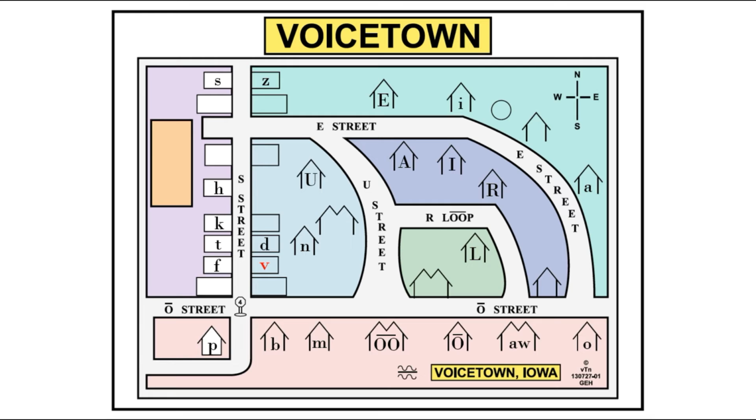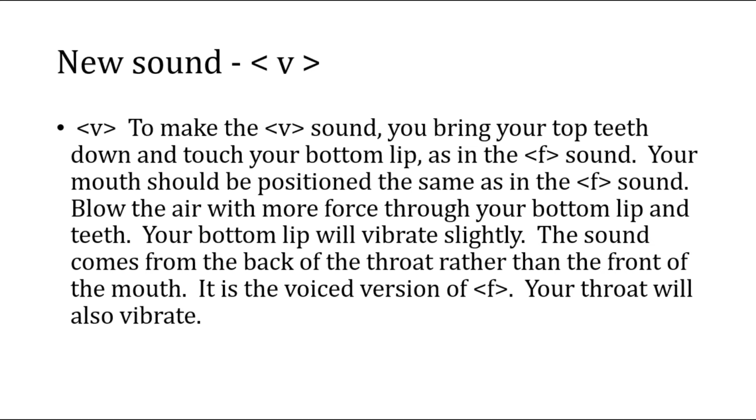It is the voiced version of the sound we just learned. Your mouth is in the same position, but the voice or the sound comes from the back of your throat, and we say v. To make the v sound, you bring your top teeth down and touch your bottom lip, as in the f sound.